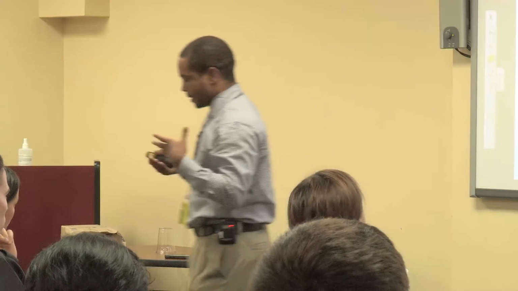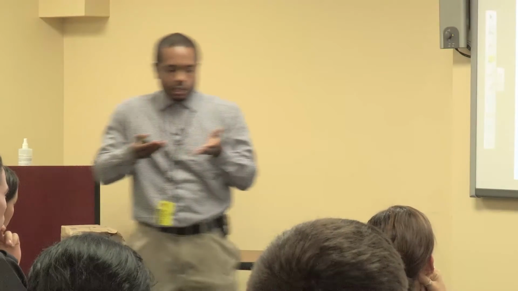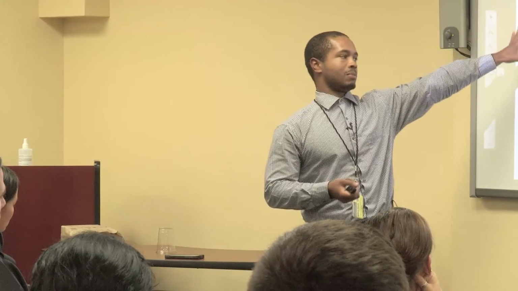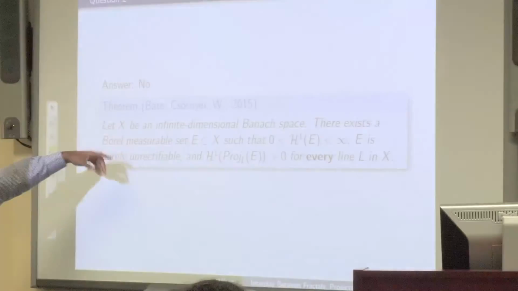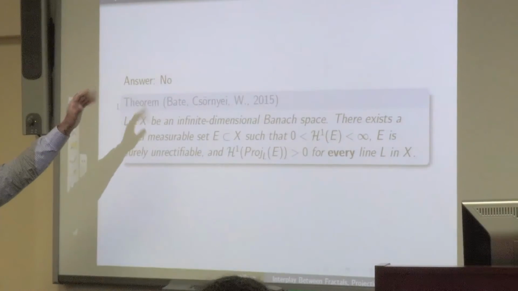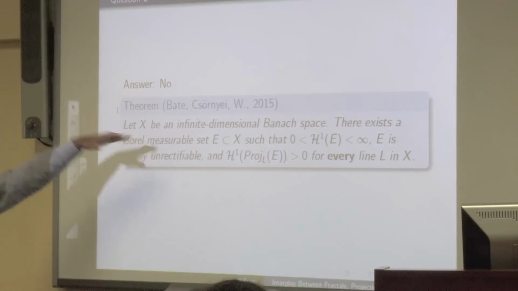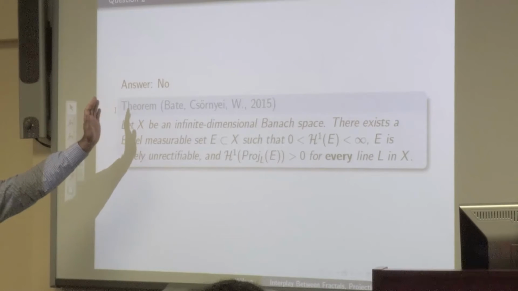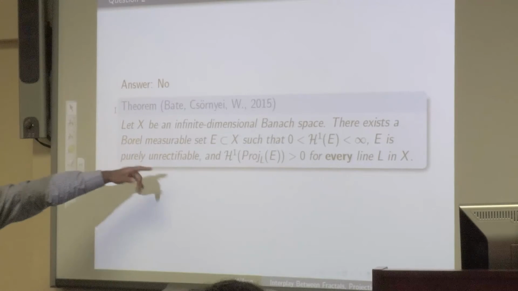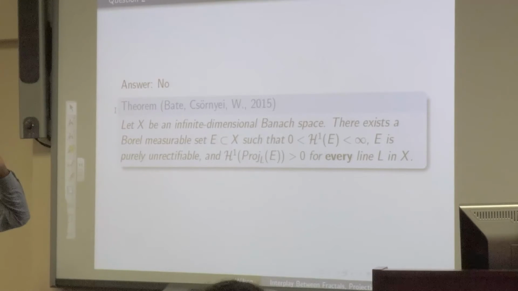So this is the theorem we have. In infinite dimensions, you can find dust-like sets that have large shadows or dark shadows. That's the analogy in this case. The theorem is that you take an infinite dimensional Banach space, any one you want. There's a set that's purely rectifiable, not anywhere close to a differentiable set. It has positive measure, so that we're not just projecting something that's 0 onto 0, and the size of the projection is big for every line.